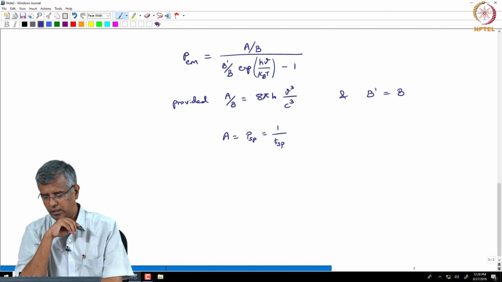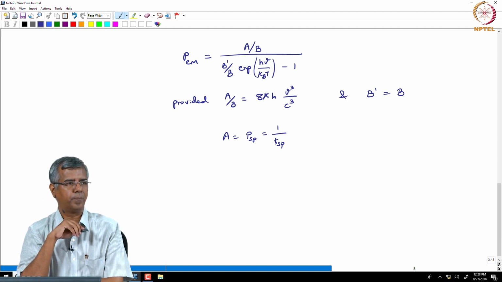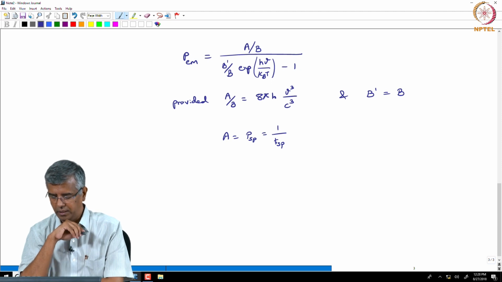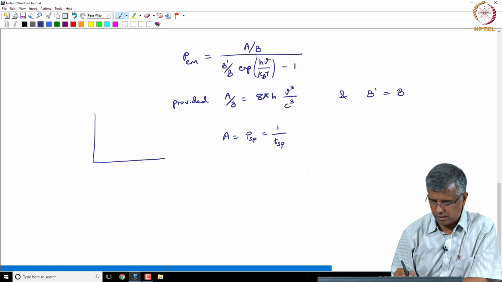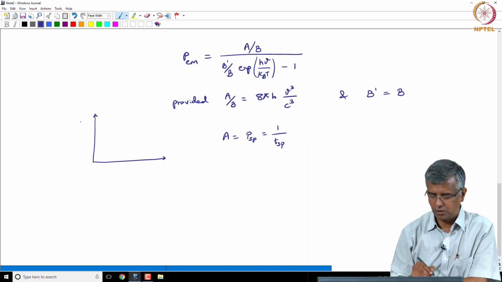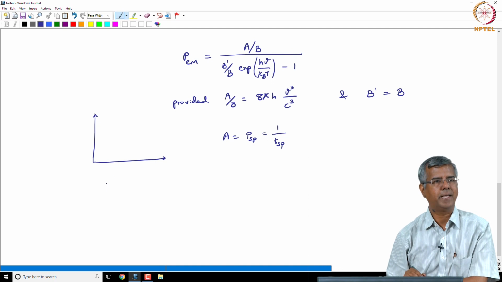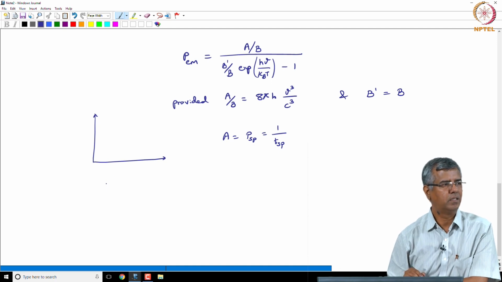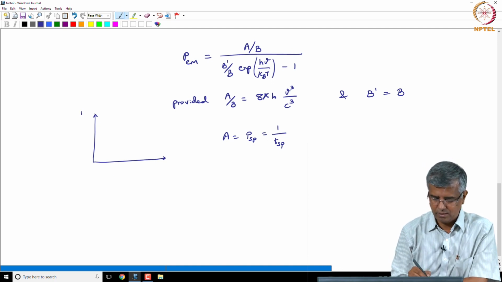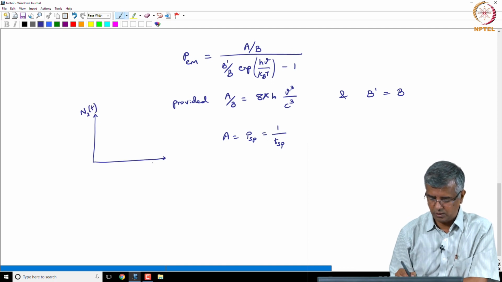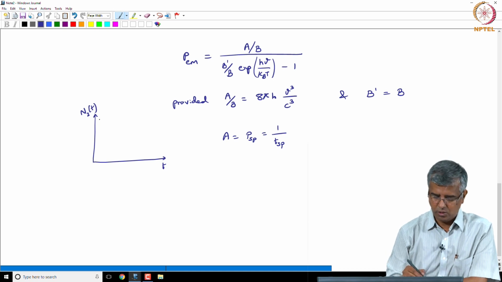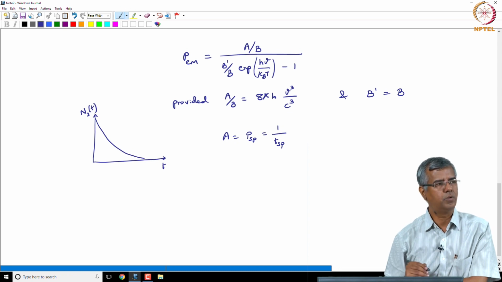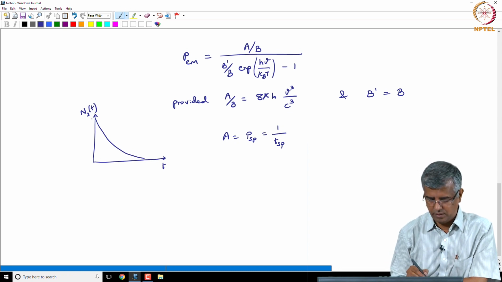the spontaneous lifetime, okay. And what is spontaneous lifetime? We discussed that last week. If you are tracking the number density in that excited state N2 as a function of t, the spontaneous emission is going to happen in such a way that this comes down exponentially, okay.